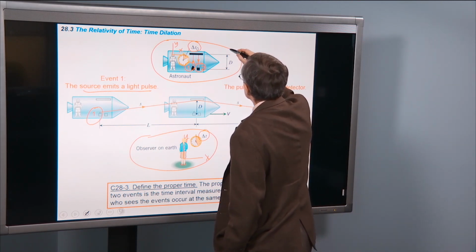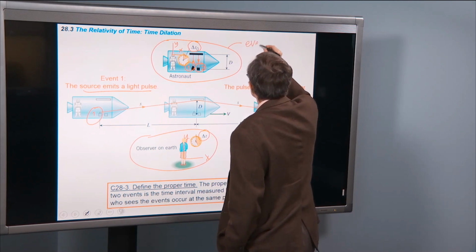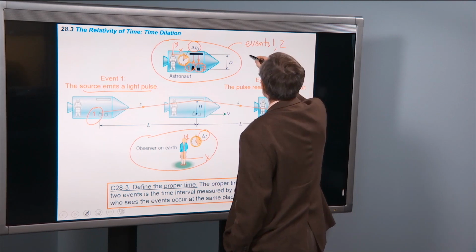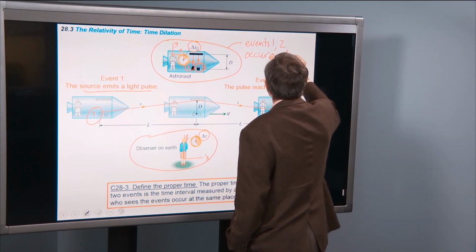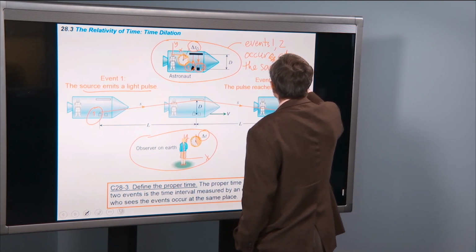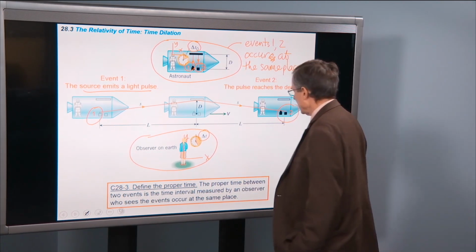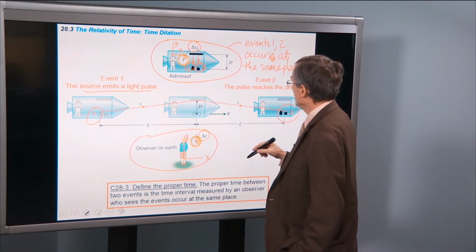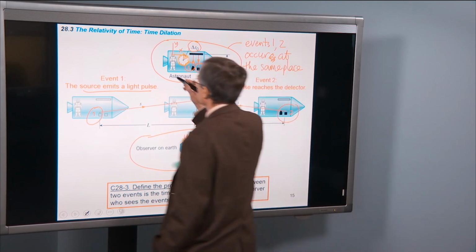So here, events 1 and 2 occur at the same place. Hence, the astronaut measures the proper time.